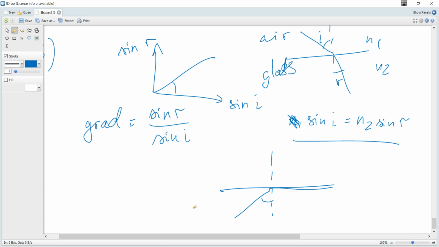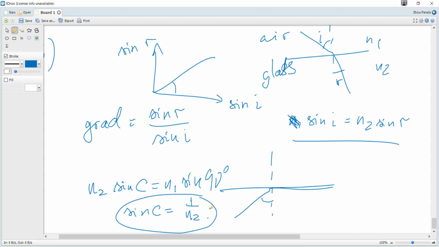Critical angle: n2 sine of the critical angle is n1 sine of 90 degrees. So sine of critical angle is 1 over n2, and we need n2 from the previous. Actually we need 1 over n2, so let's find 1 over n2. It becomes sine R over sine I, and it's the gradient.